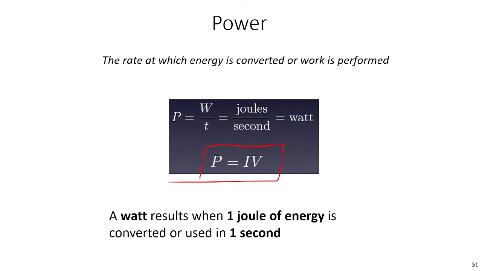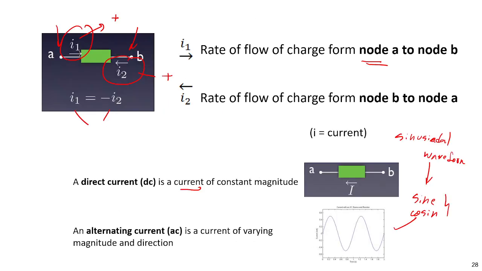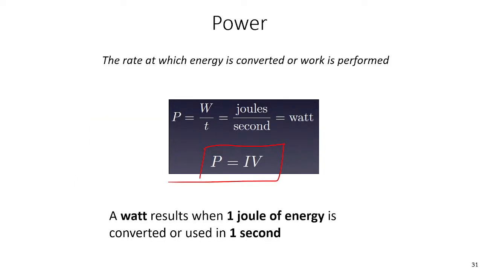One watt is when 1 joule of energy is converted in 1 second. So we talk about watt, volt, amp, and so on.